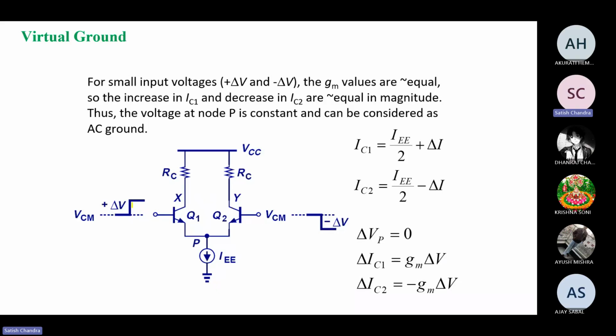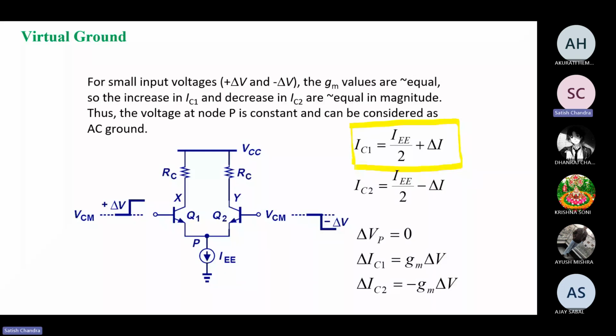We are saying that at Q1 a plus delta V is going to be applied, whereas at Q2 we are applying a minus delta V. Since both are common and we are not saying that there is a very large difference, only this is going to happen.